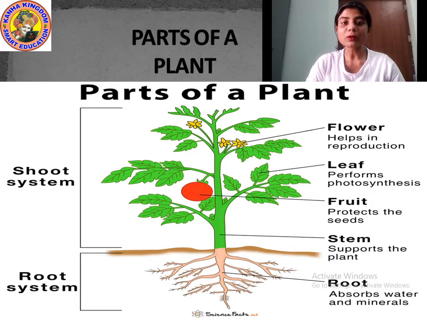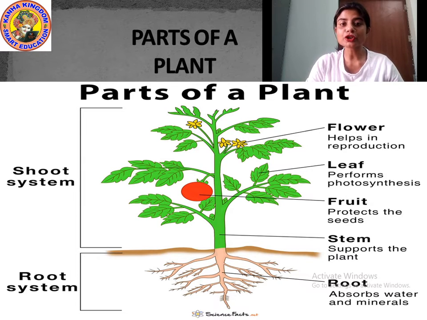Then which part of the plant is in shoot system? Which parts of the plant consist in the shoot system? In shoot system, there is flower, leaf, fruit and stem, the upper portion of the plant.